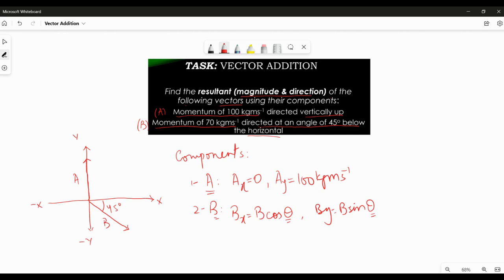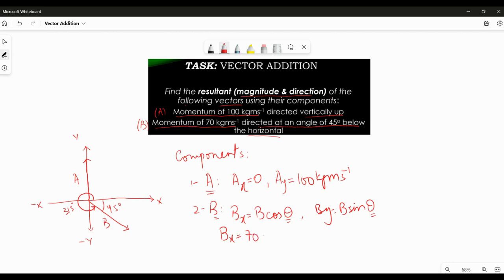I always recommend my students to avoid any confusion, always choose the angle starting from the positive x-axis anti-clockwise towards the vector, which is the angle I just labeled. So if I try to work out this angle, it will be equal to 360 degrees minus 45, which is an angle equal to 315 degrees. And this is the angle which I'll straight away use in my calculations.